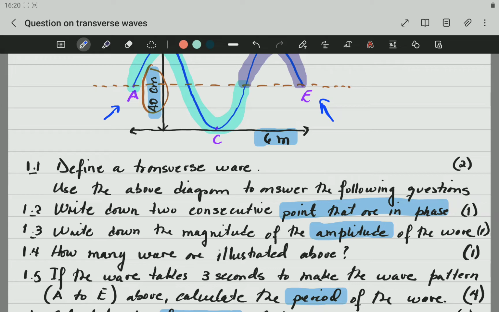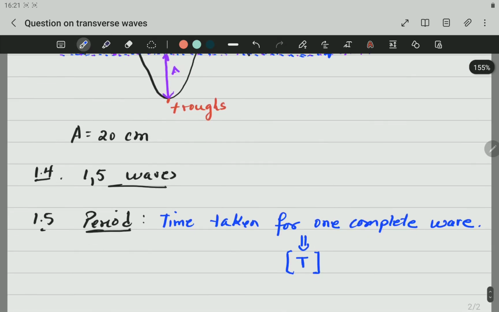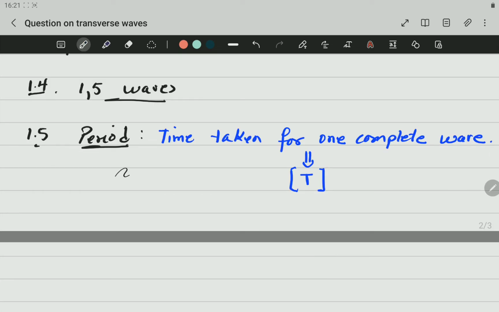Okay, so now how are we going to approach this question? In this case, I would like to use simple maths. Okay, and this maths will be the following. We say 1.5 waves took 3 seconds. One wave, how much will it take? And then I do cross product.